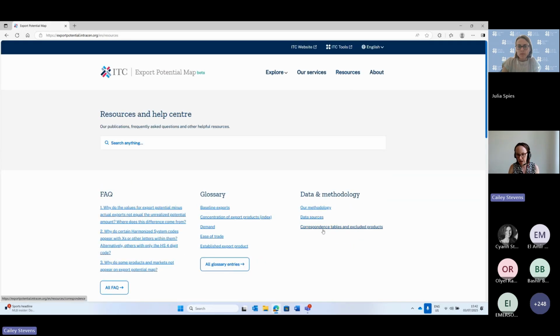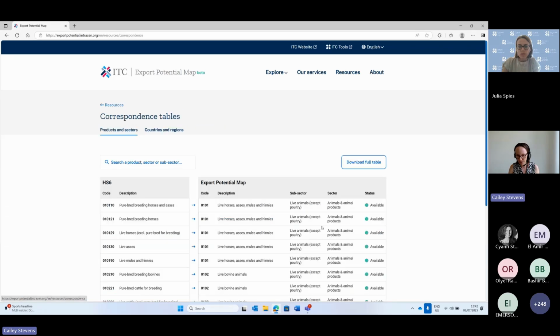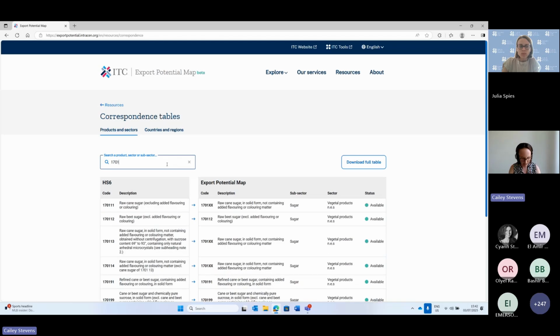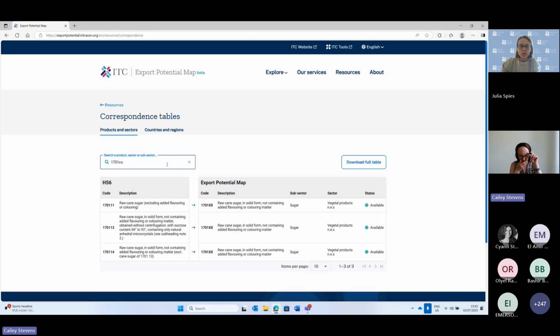I next want to talk about our correspondence tables. One thing that you may come across in Export Potential Map is something that doesn't necessarily look like an HS6 code. It will look like 1701XX. So this is what we call a product group.